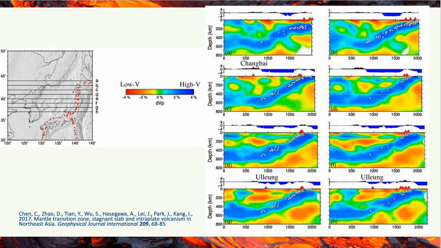So these diagrams on the right hand side here are showing you different cross sections through parts of Northeast Asia where we have different parts of subducting slabs, and marked on in white circles are the locations of earthquakes along those zones. So you can see the earthquakes are tracing generally the upper boundary of these subduction zones.